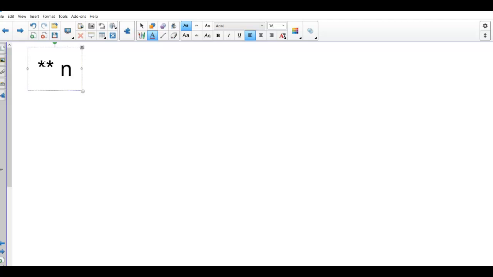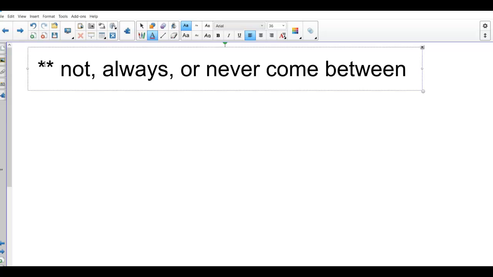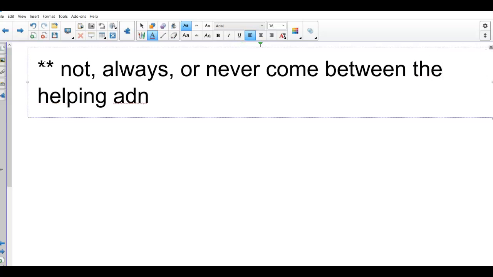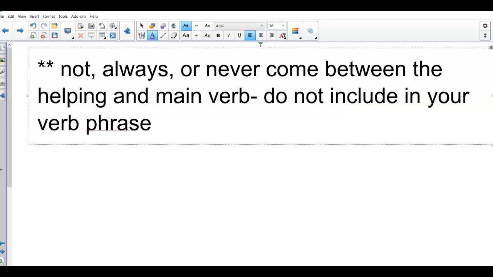Sometimes other words such as not, always, or the word never might be in your sentence, or they might come between the helping and the main verb, okay? And I'll show you an example of that. When this happens, they are not going to be included. Do not include them in your verb phrase.